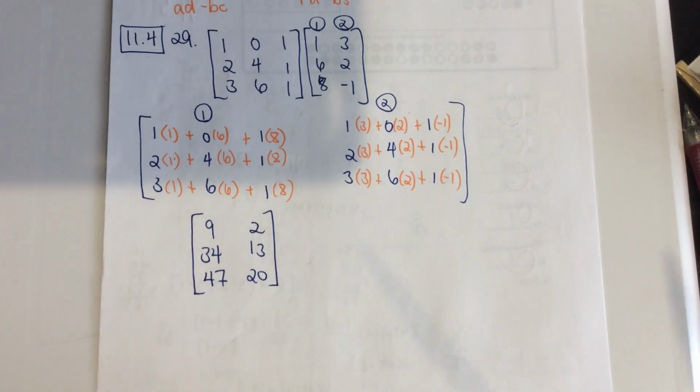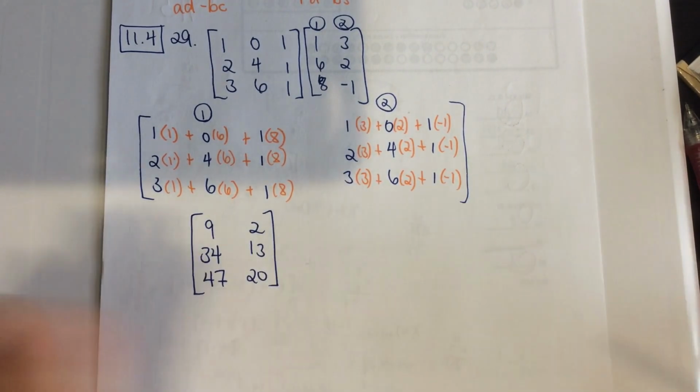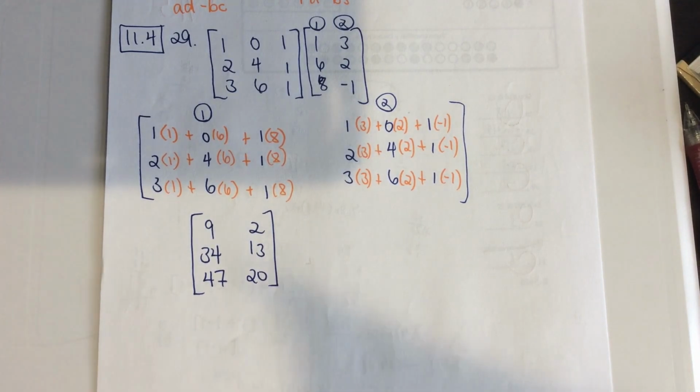I could check that, but yeah, we wouldn't have time to do another problem anyways, so let me just check this. This was 11.4. I'll check my old work for this. Number 29. 9, 34, 47, 2. Yay, I didn't make a mistake.